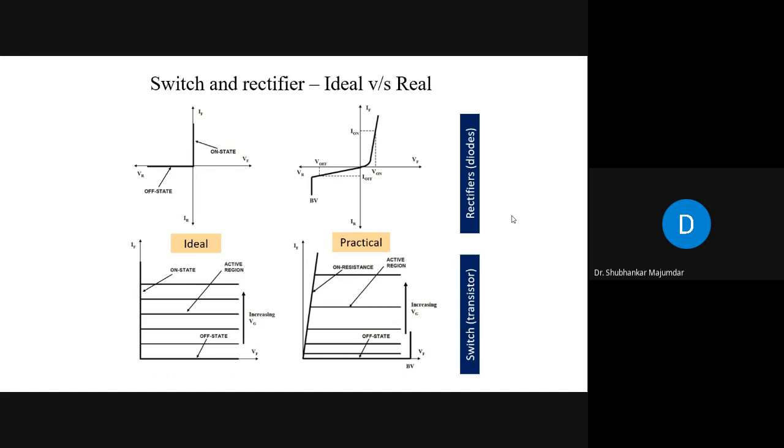And if we look at a switch, which is a transistor based switch, ideally we should need a straight line with increasing gate bias. But practically we don't get that, because the transistor works in three regions: cutoff, saturation, and linearity. So these three regions are implicated in the practical loss.